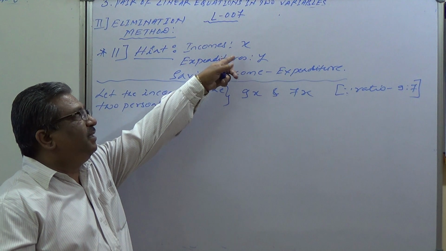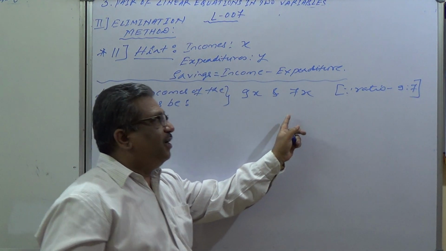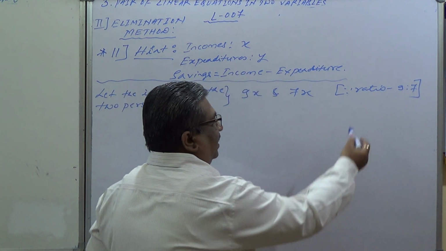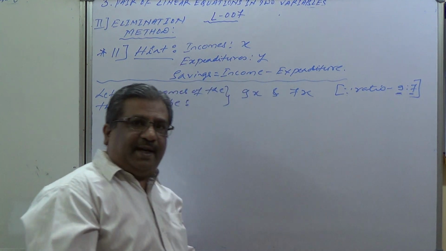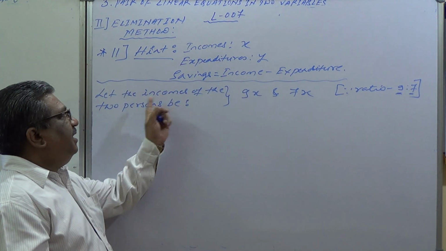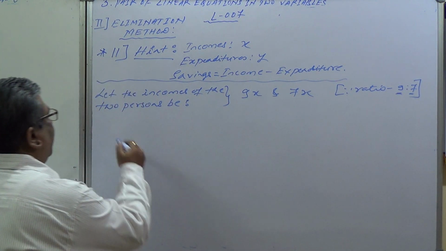Incomes, I am assigning the variable x. If there are 2 persons, if their incomes are in the ratio of 9:7, if the income of the first person is 9x, income of the second person is 7x. Therefore, let the incomes of the 2 persons be 9x and 7x.